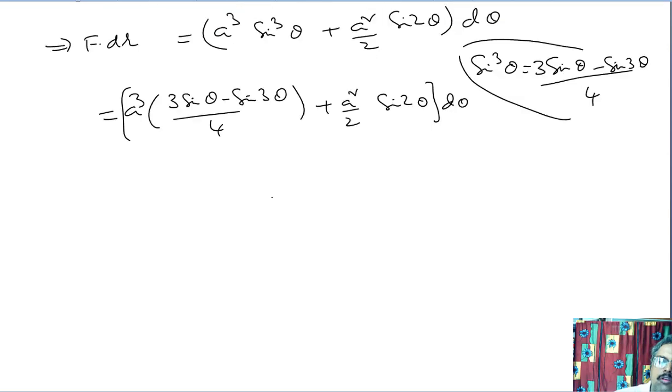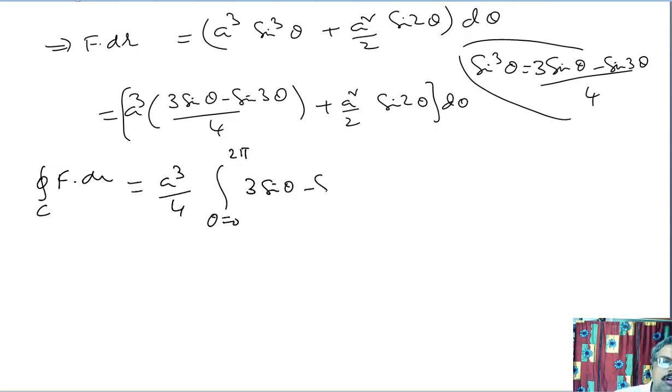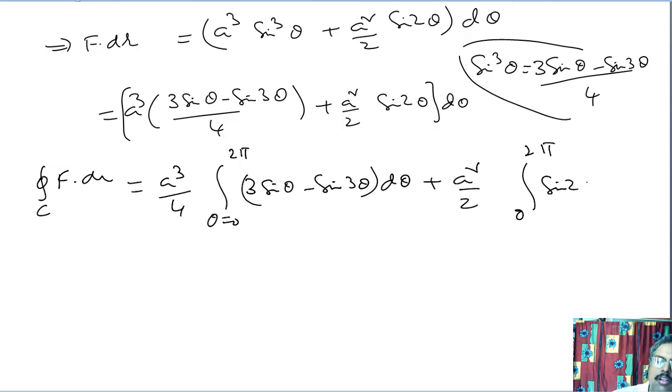Now integration. The integral of F dot dr over the closed curve C equals a cube by 4 into the integral from 0 to 2 pi of 3 sin theta minus sin 3 theta d theta, plus a square by 2 into the integral from 0 to 2 pi of sin 2 theta d theta.